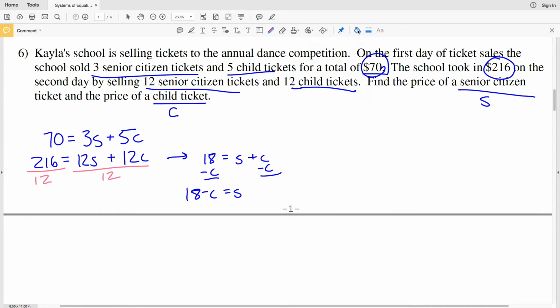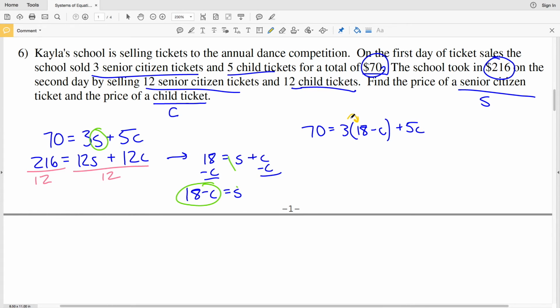So I'll take that value of 18 minus c and plug it in to my first equation, the one I did not manipulate. So now I'll have 3 times 18 minus c, because that's 3 times s, because I solved for s in terms of c. So I'll have 70 equal to 3 times 18 minus c plus 5c.